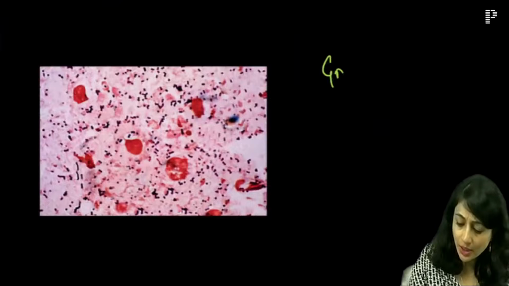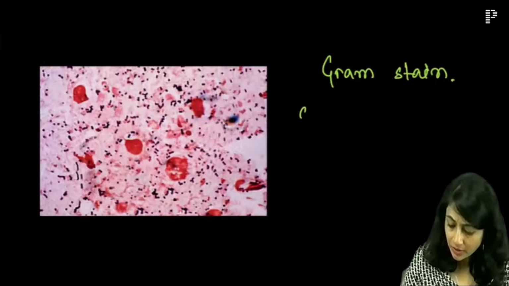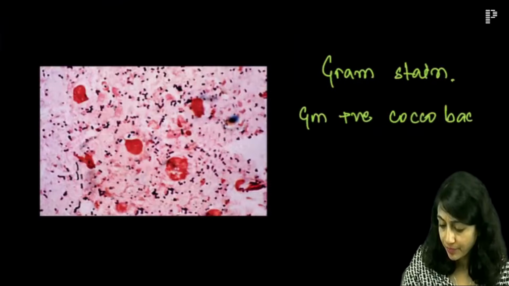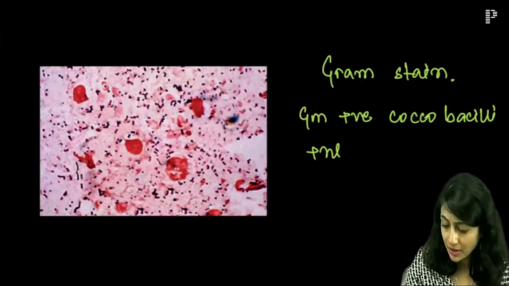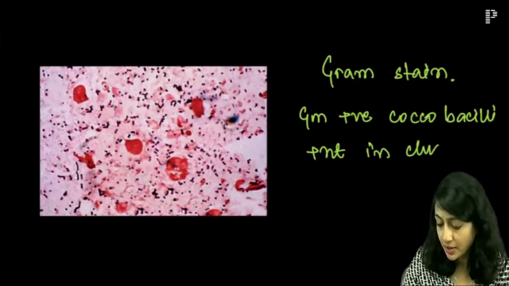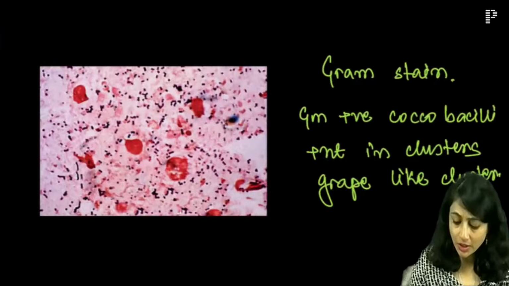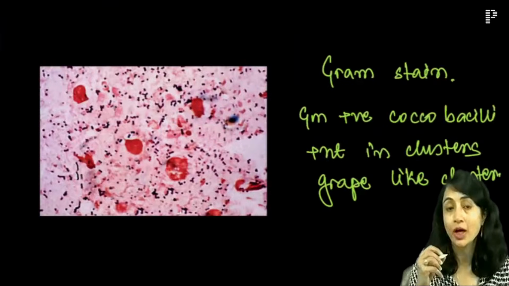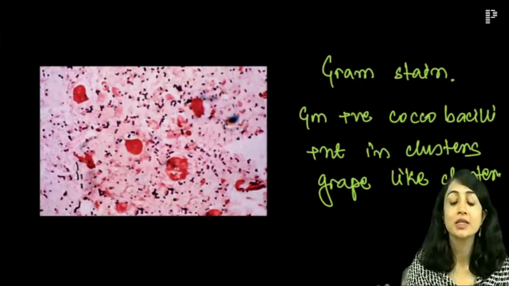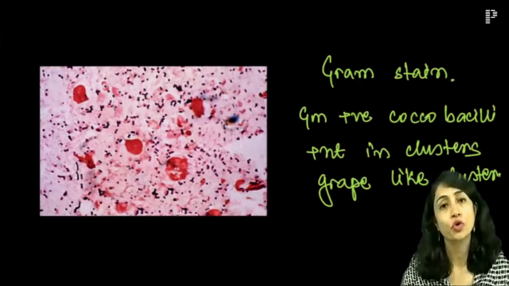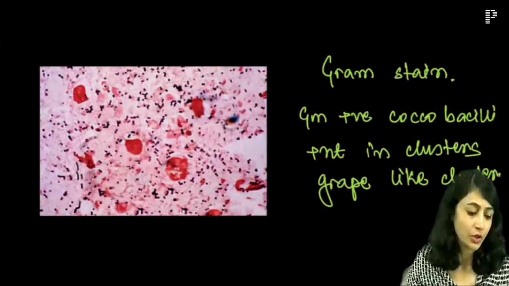So on gram stain, you see gram positive cocci, and these are present in clusters, and these are typically called grape-like clusters. So sometimes they may give you this gram stain image, and it would be easier for you to identify that we are talking about impetigo.